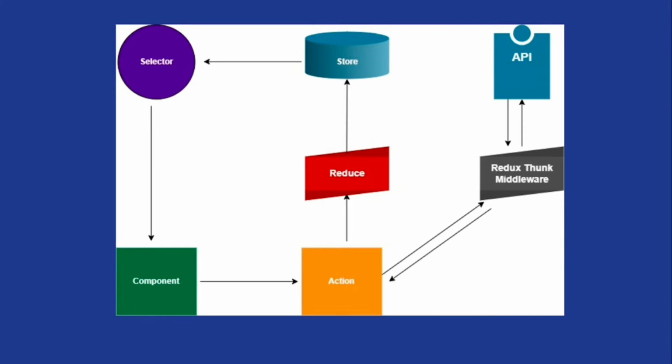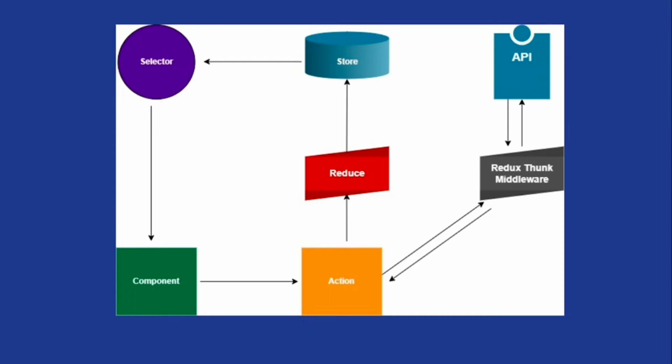Once the Redux Thunk is executed, it will dynamically listen for three kinds of actions: one is the pending action, one is the fulfilled action, and one is the rejected action.